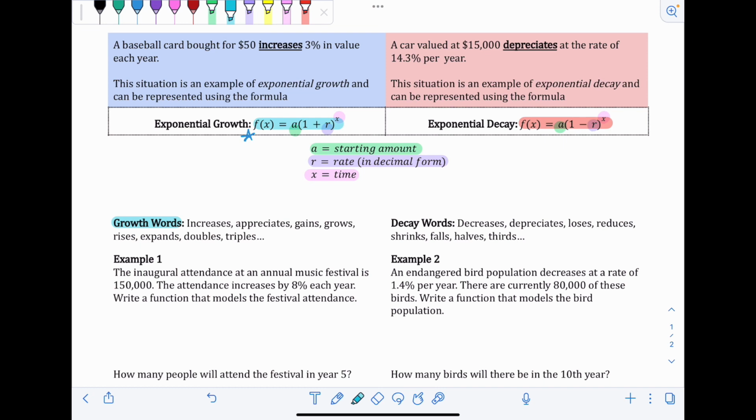They're not all of the growth words, but some pretty common ones. And then for decay words over here, could be decreases, depreciates, loses, reduces, shrinks, falls, halves, thirds. Again, not all of them, but some common ones. Anytime you see a word like that in your word problem, it would be an indicator that you would want to choose the exponential decay formula because your value would be decreasing over time.